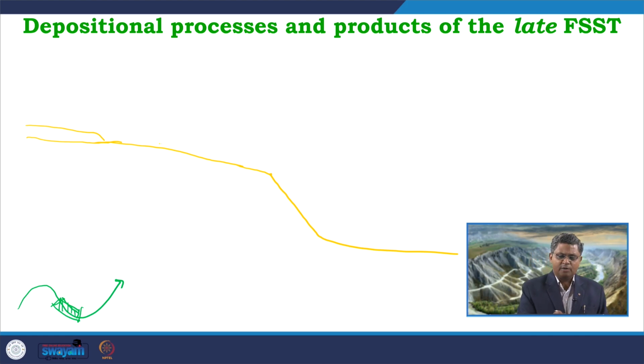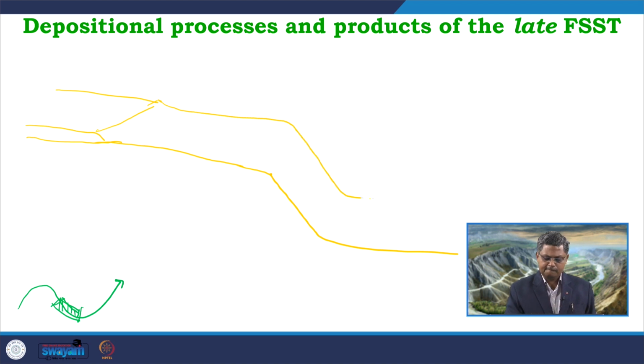Now, at the end of the early FSST, the condition was something like this.